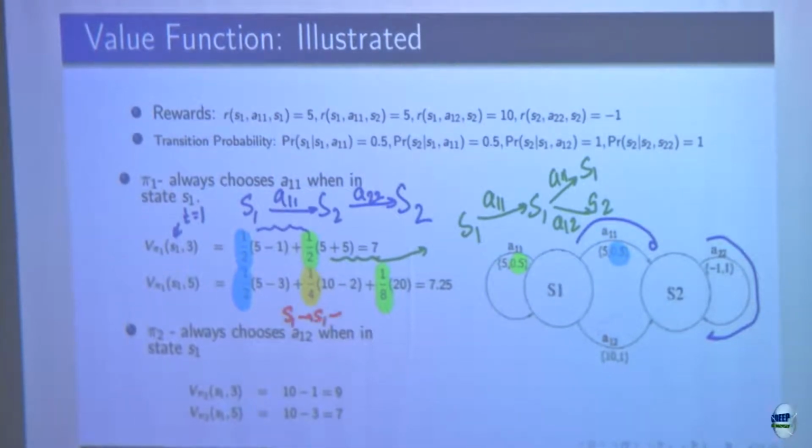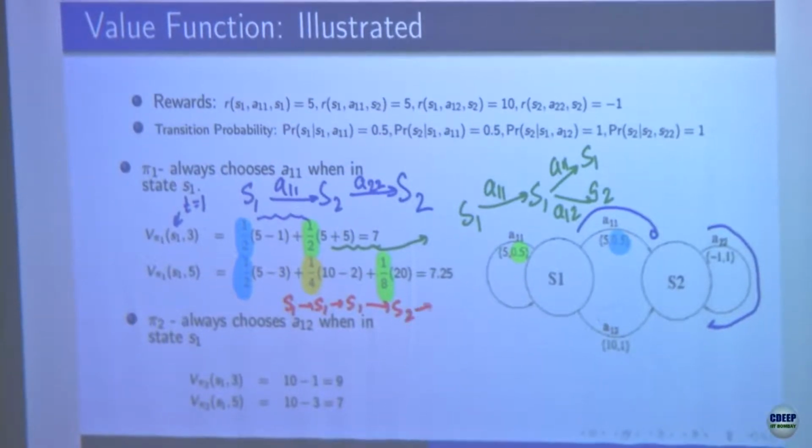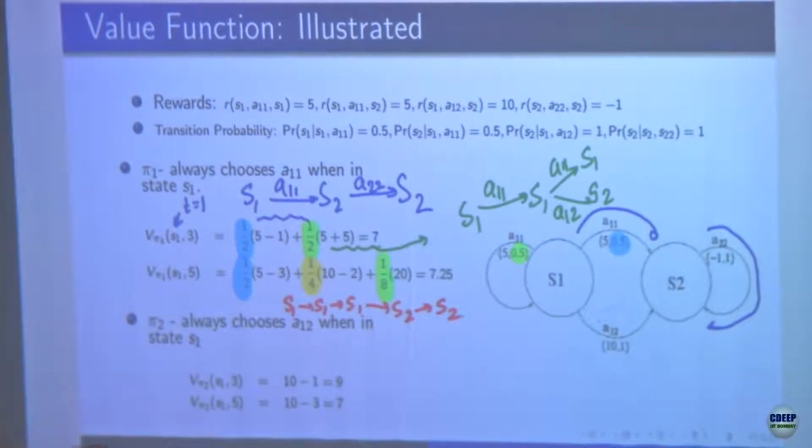S1 to S1 to S1, and then you go to S2, S2, right. So that by the 5th time step you are in S2. Is that correct? So you can see that these probabilities have a compounding multiplying effect, right. It's half, then 1 by 4, 1 by 8, and that's exactly algorithmically what we observe.